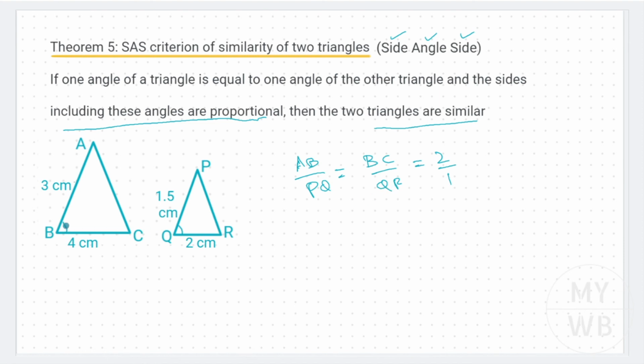Also, it is marked that angle B is equal to angle Q. The two sides are proportional and the angle included is equal in these two triangles. So we can conclude that triangle ABC is similar to triangle PQR by the side, angle, side criterion.